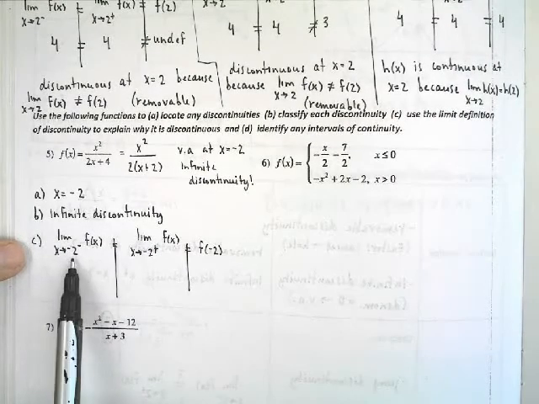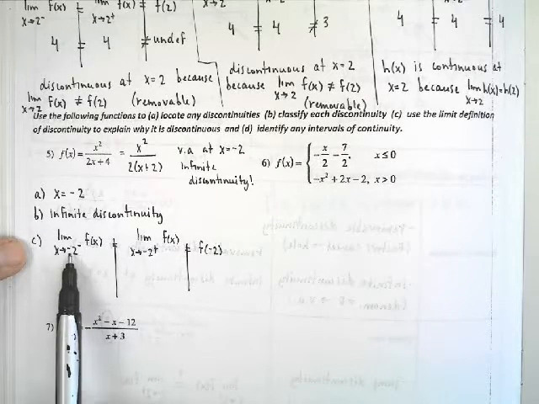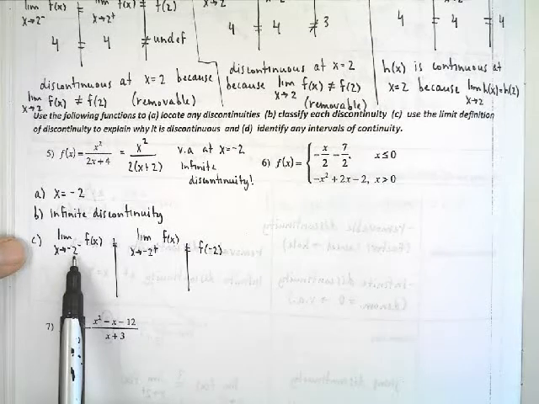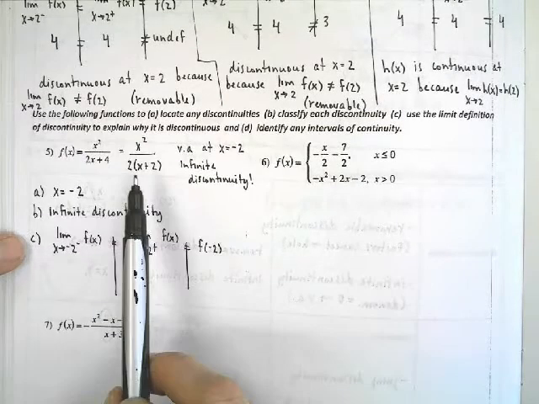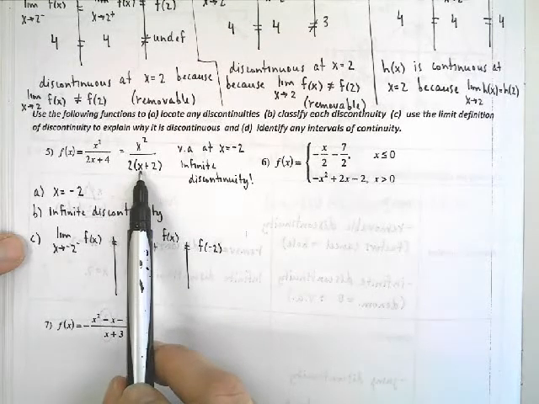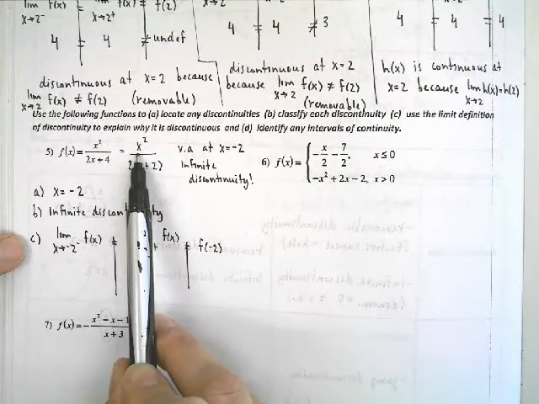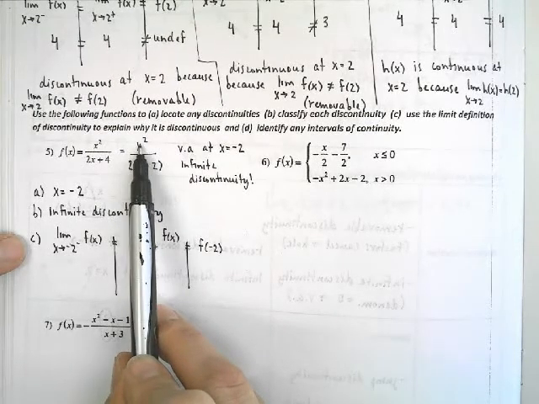If I'm looking at -2 from the left, so that means something like -2.001, let's say. So if I plug in -2.001 plus 2, I'm going to get a small negative number here. Up top, since I'm squared, I have a positive.